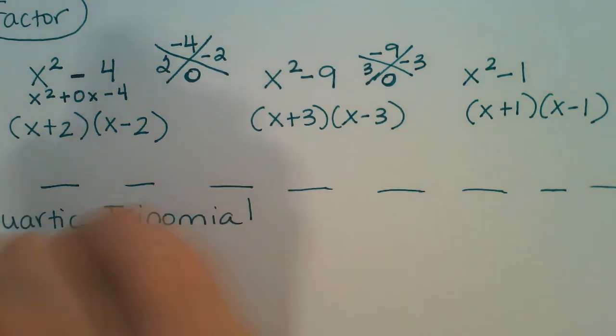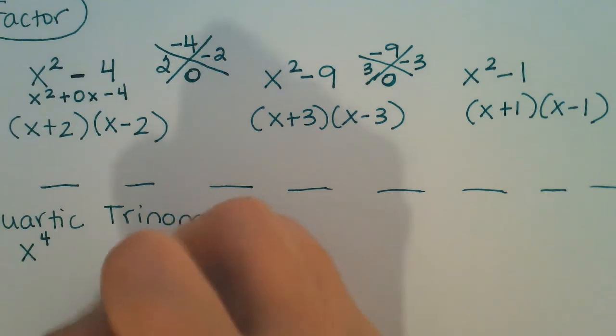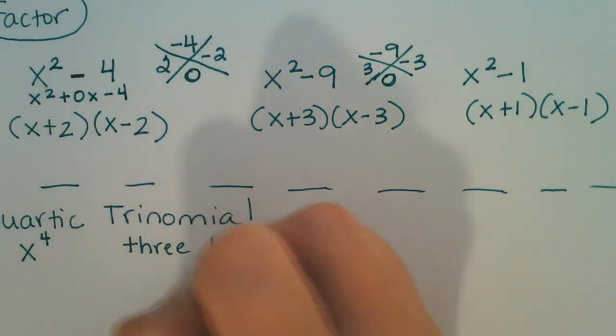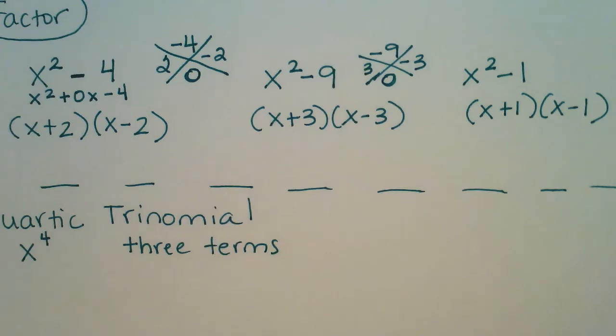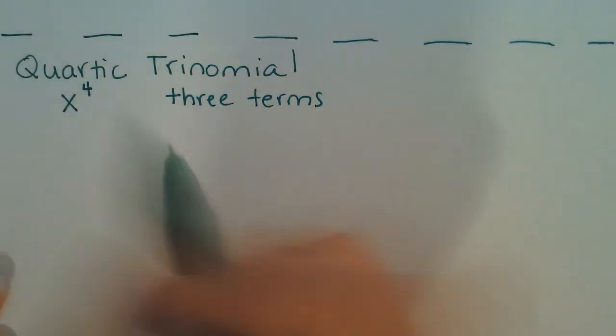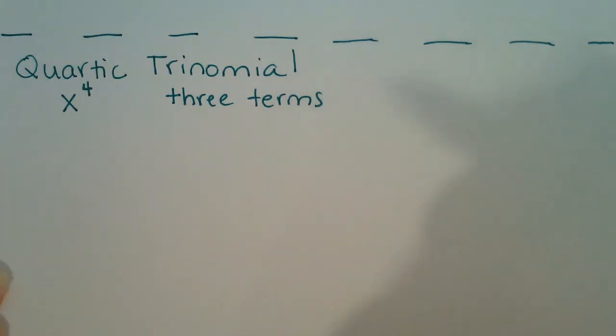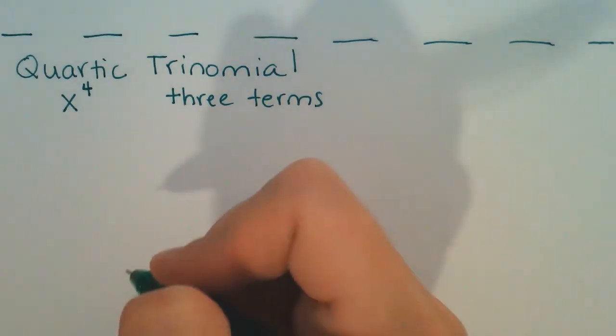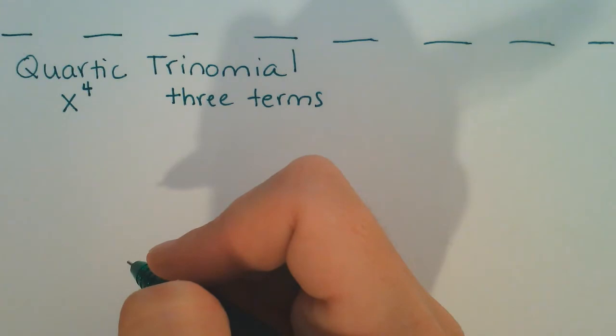Quartic tells me that it's x to the 4th, and trinomial tells me there are 3 terms. We discussed this a little earlier this semester with how the names of polynomials go. So I'm going to do an example for you.